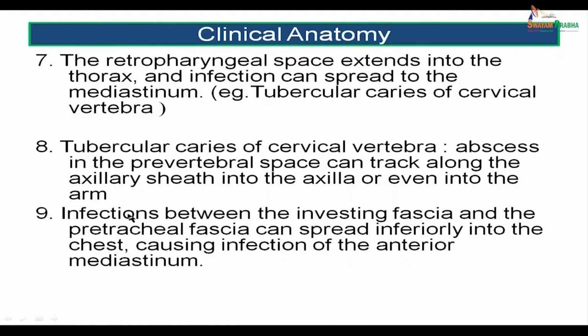Then infections between the investing fascia and the pretracheal fascia can spread inferiorly into the chest and cause infection of the anterior mediastinum. So, now we understand that the deep cervical fascia has many clinical implications.